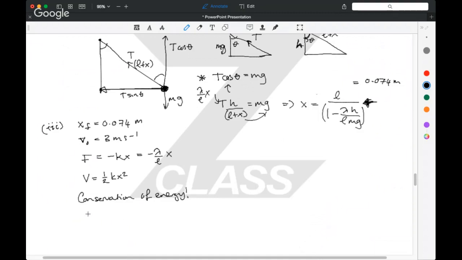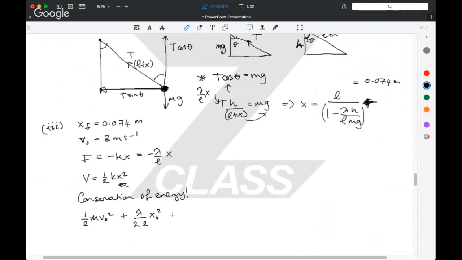So, conservation of energy. At the beginning, we've got some kinetic energy, 1/2 m v0 squared. And we've also got some elastic potential energy. So k is lambda over L, right? So we have plus lambda over 2L x0 squared.